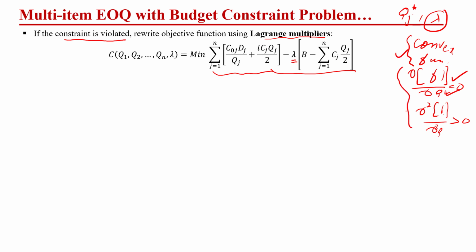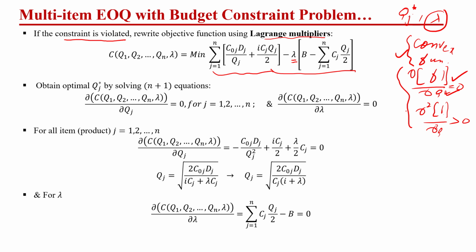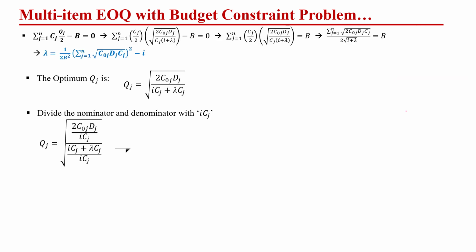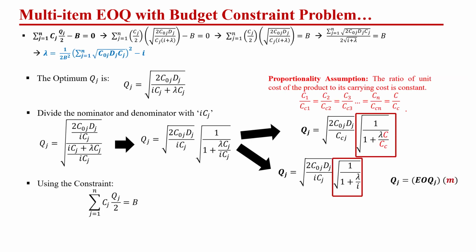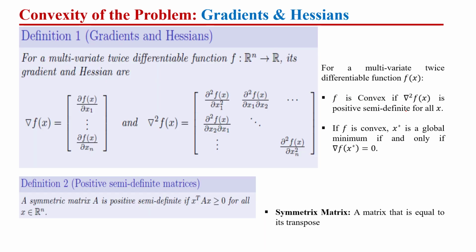For that, let me show you. The mathematics behind it is that we need to check whether this multi-item product function is convex or not. For that, we find the gradient and the Hessian matrix.